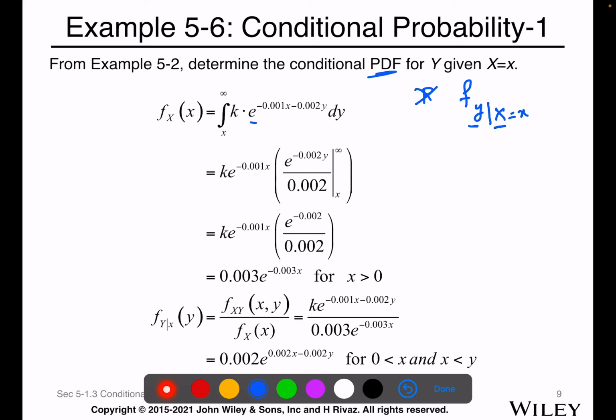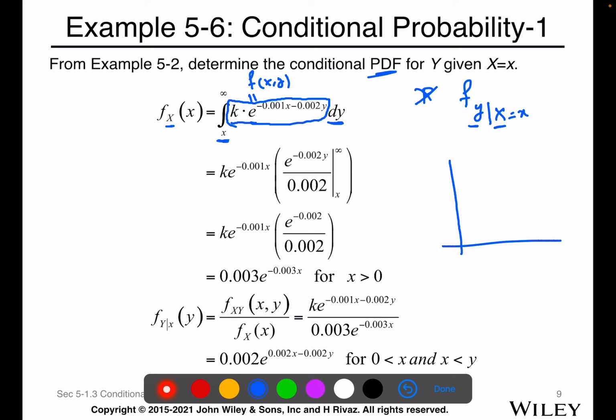This is f of x and y, so e to the minus 0.001x minus 0.002y. Okay? So this is the joint PDF. To calculate the marginal probability with respect to x, I have to integrate with respect to y, right?